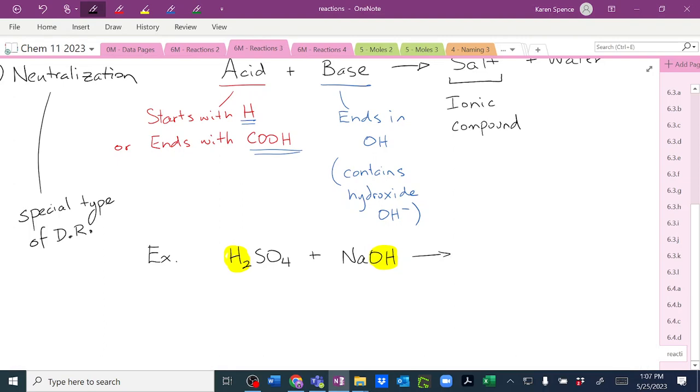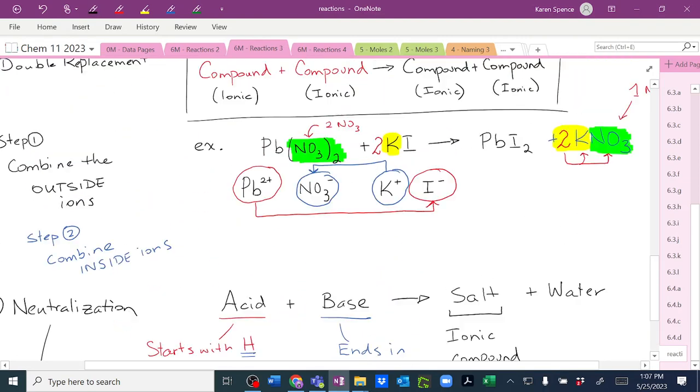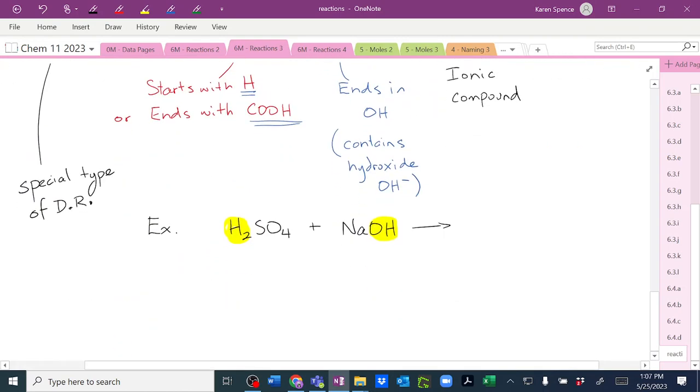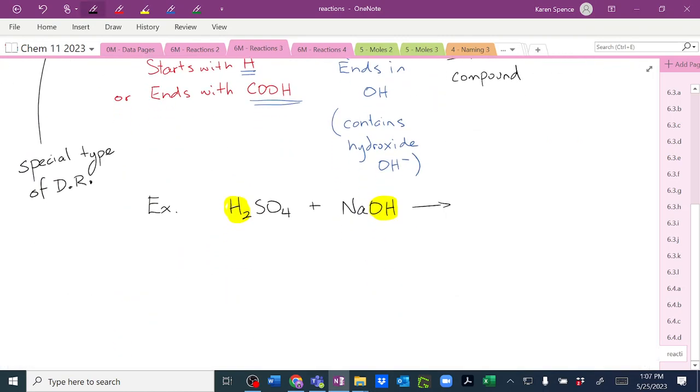How did we predict our products when we did a double replacement? What was step one? Combine the outside ions, and step two was combine the inside ions. So let's look at doing that here. Who is the positive ion in H2SO4?